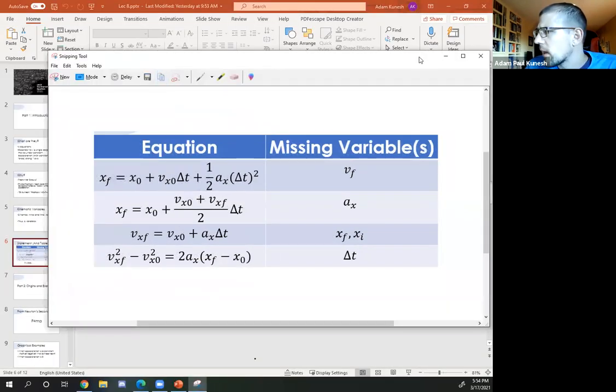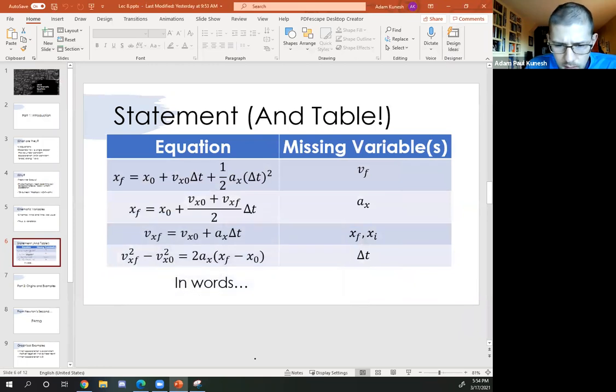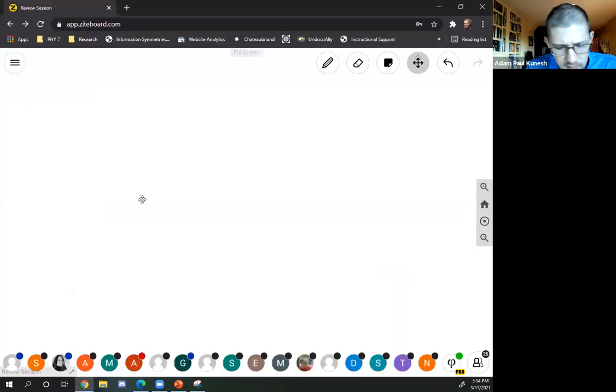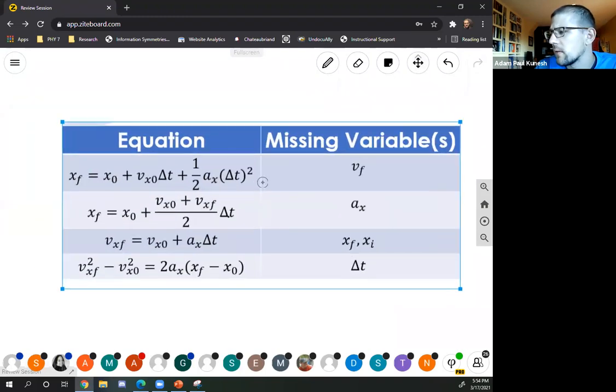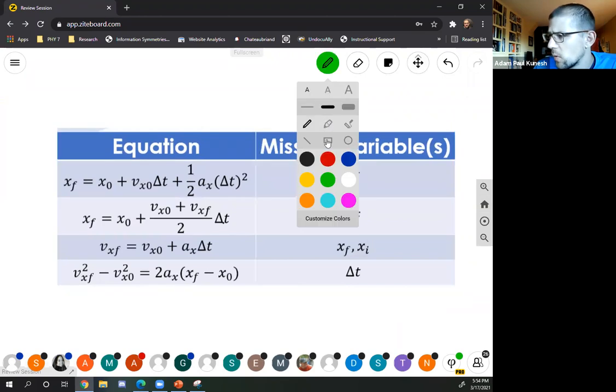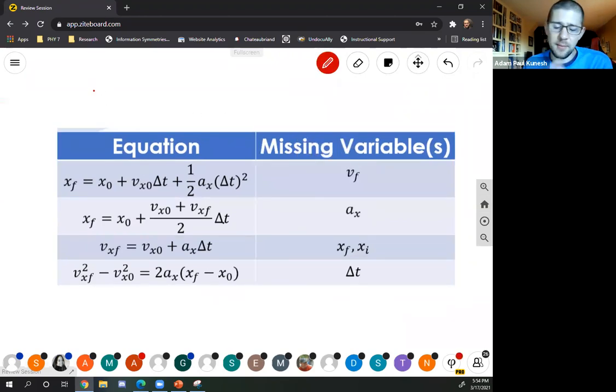Okay, so these are my 4 kinematic equations, which are just statements about the way that a mass acts under the influence of constant acceleration, which is the same as constant force.